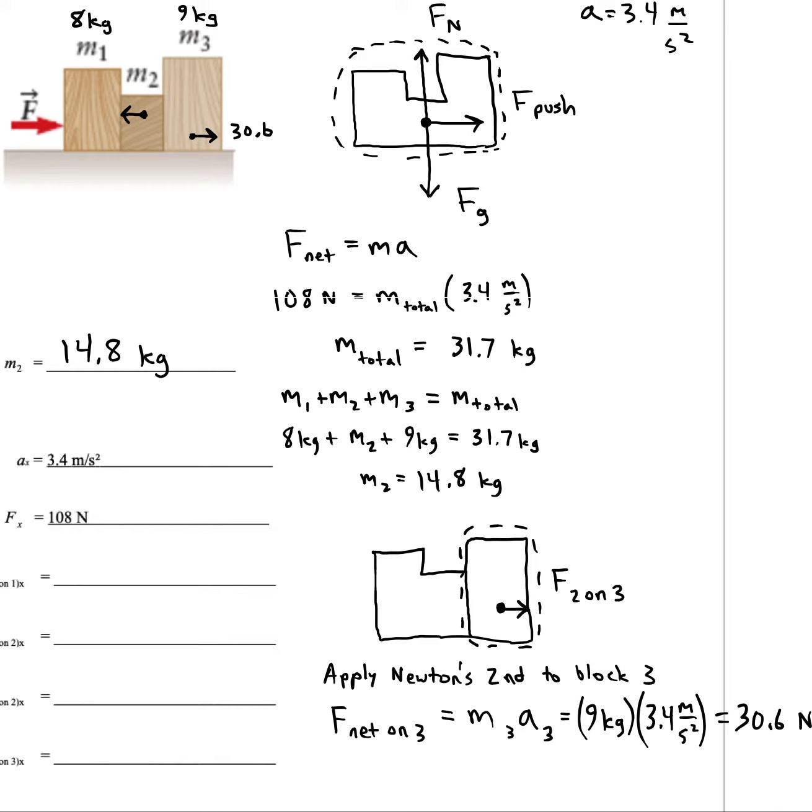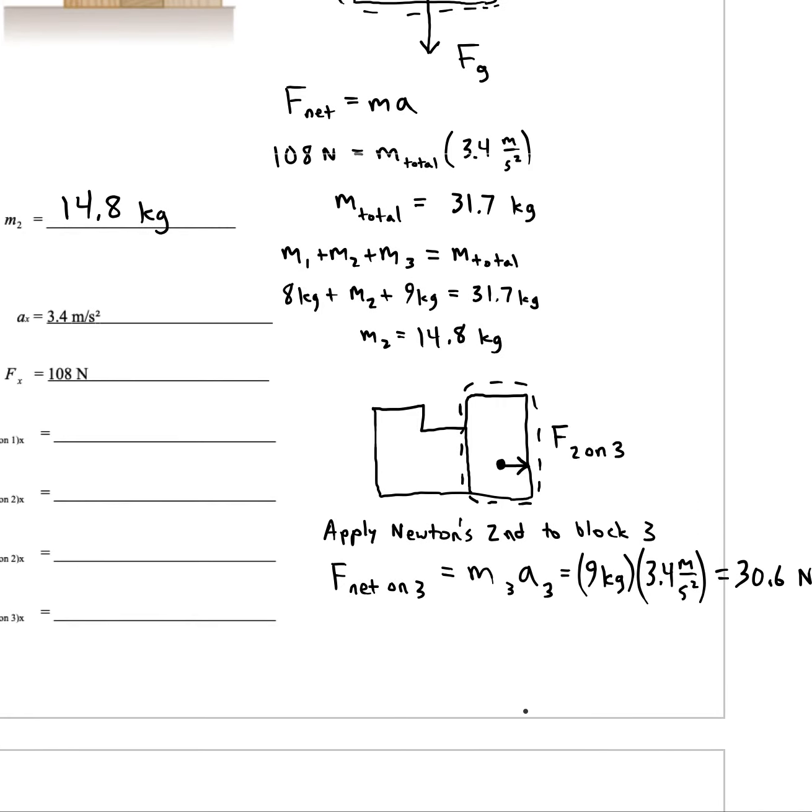And so whereas this one over here is F of 2 on 3, this one's going to be F of 3 on 2. Alright, so I would redraw the system.